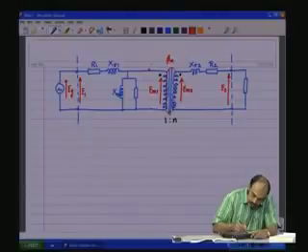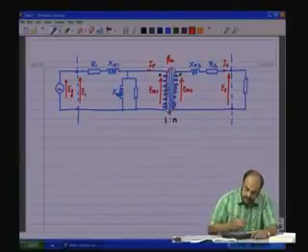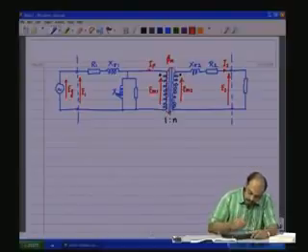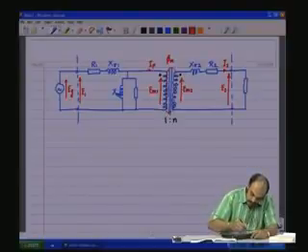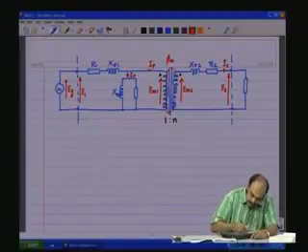There is a current here, IP. Now, there is a secondary current I2. Now, there is a current here I0, which gets split up into two components, IM, the magnetizing current, and IC, the core loss component through RC.